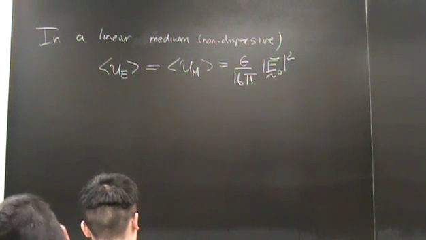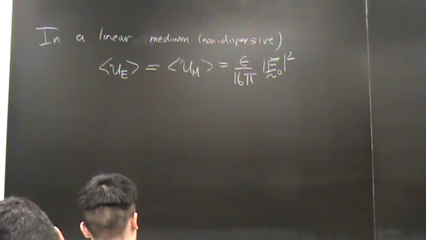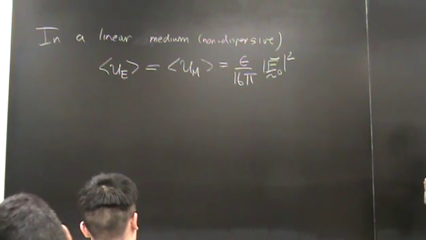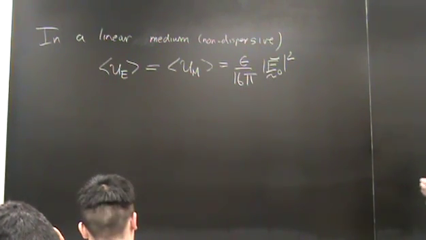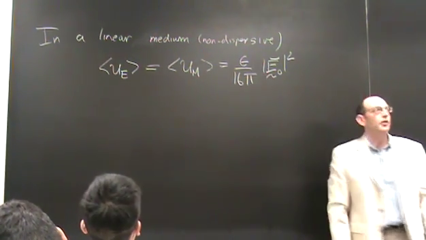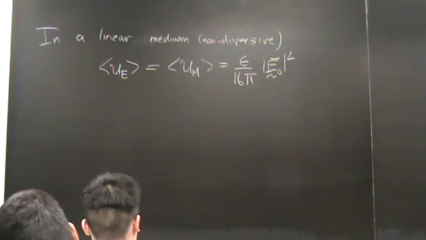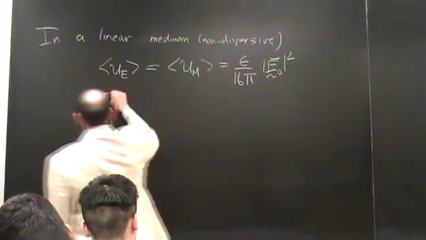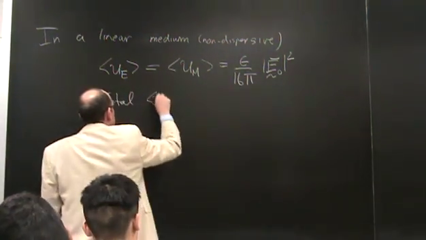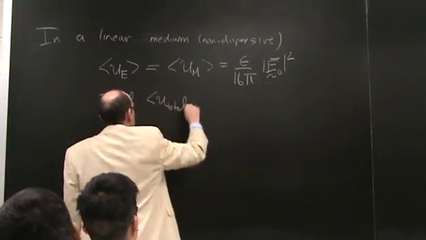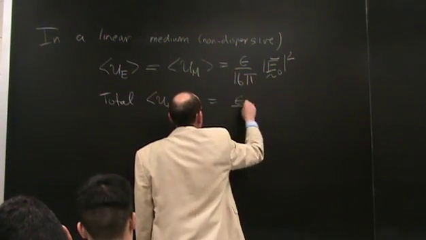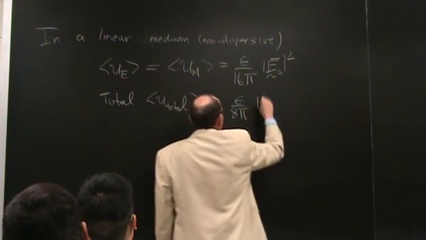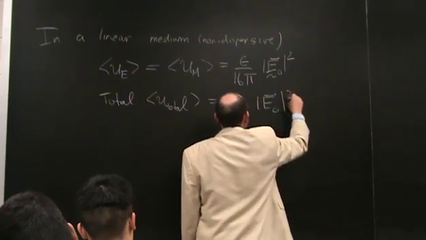Just like in free space, the energy in the electric field and the magnetic field are equal. They are equal here as well, except scaled by the dielectric constant. So the total energy density is the sum, epsilon over 8 pi E naught squared.